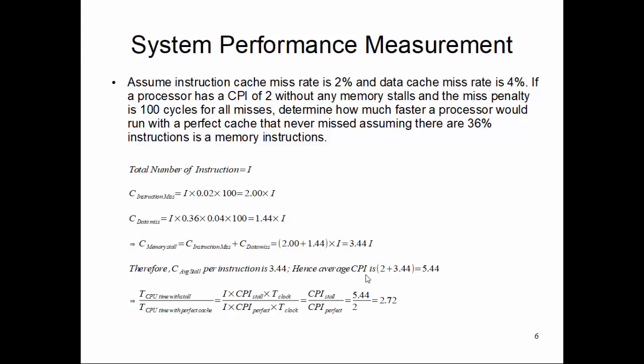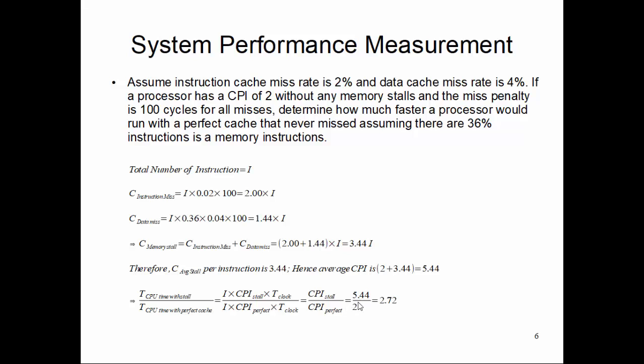That means if we want to compare the performance, which comes down to the total execution time, for the CPU with the stall versus the CPU with the perfect cache: they are running with the same clock and the same number of instructions, so those cancel out from numerator and denominator, and it becomes a ratio of the CPI of the machine with the stall to the CPI of the machine with a perfect cache.